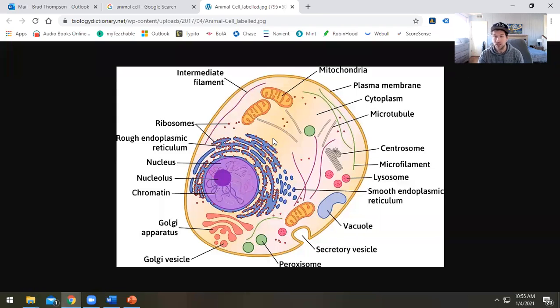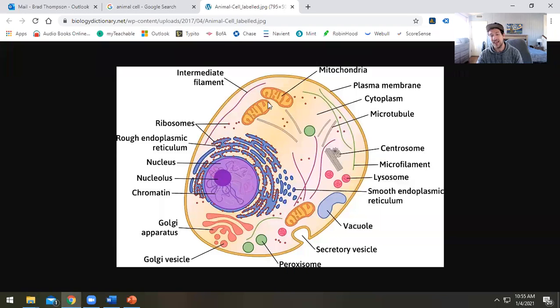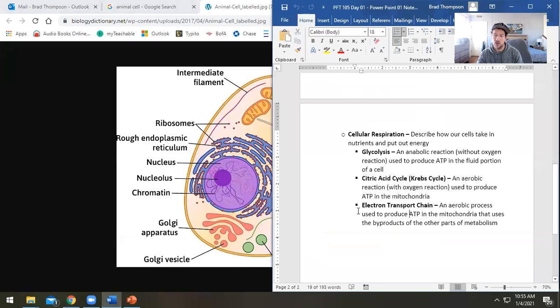But that byproduct gets used in the next process, which is the Krebs cycle. So then lactic acid plus oxygen go through the Krebs cycle, and it spits out a little bit more ATP. But it's also got some byproducts. And those byproducts plus more oxygen are going to go through the electron transport chain. And that's going to produce a whole bunch of ATP.